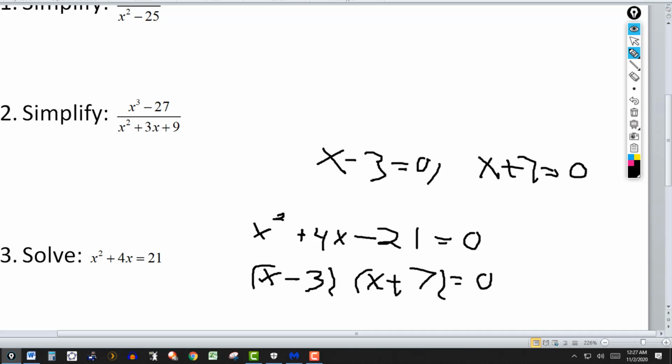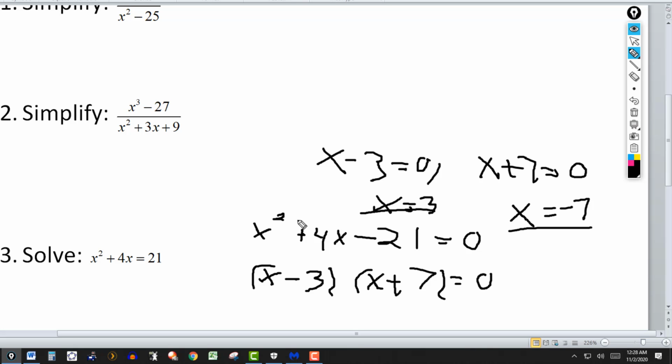So you got two equations. x minus 3 equals 0, x plus 7 equals 0. So add a negative 3 to both sides here. We get x equal to 3. Add a negative 7 to both sides to solve this for x. We get x can be negative 7. So the two solutions to this one, x can be negative 7 or x can be 3.